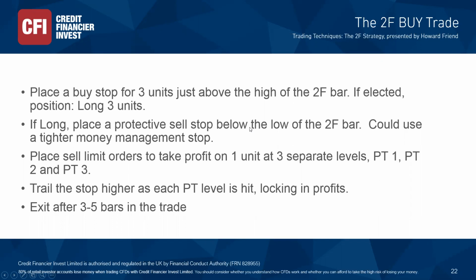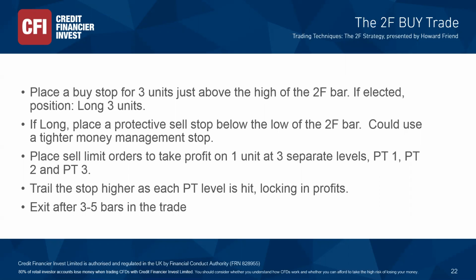We could use a tighter money management stop if that bar is too big, but the best place usually to put a stop is below the low of the bar you're using to enter, not the entry bar necessarily. On the upside, if we're right about our trade, we'll be looking to get out of 1 unit of each of the 3 units that we bought at PT1, PT2, and PT3.